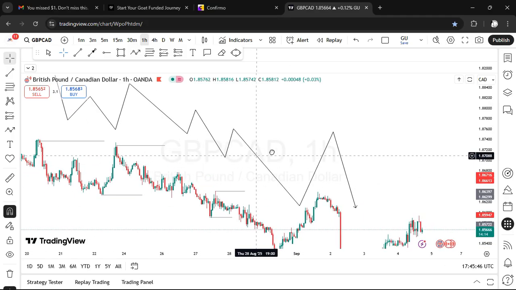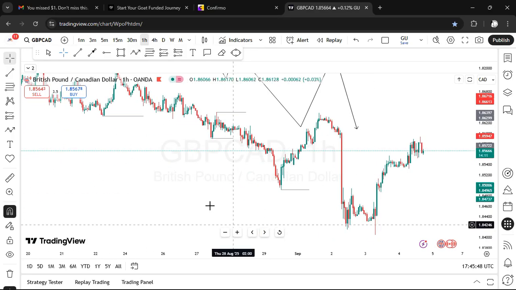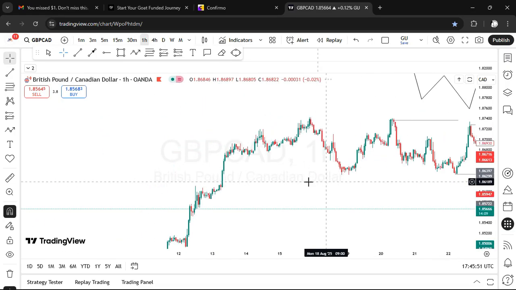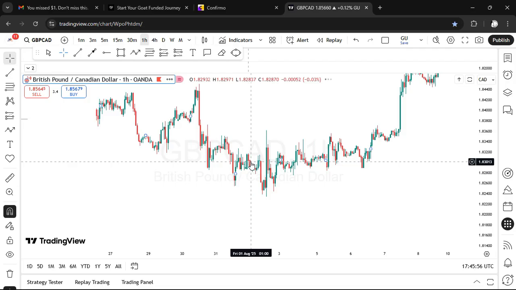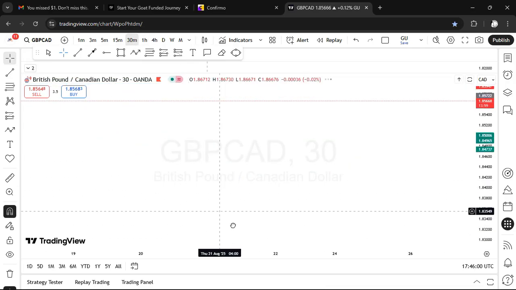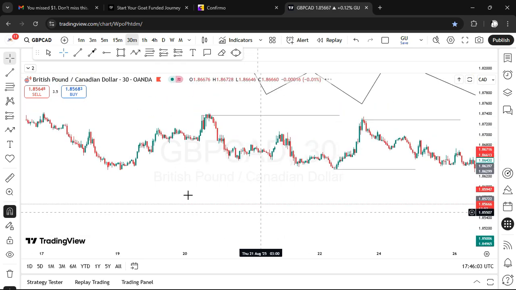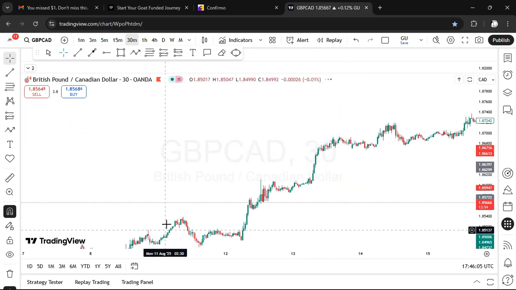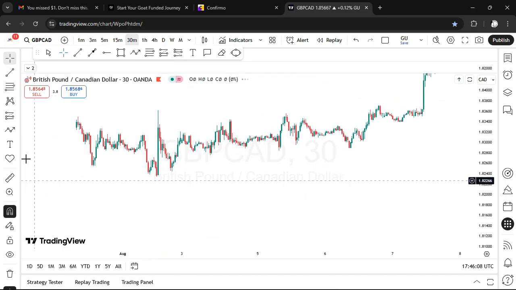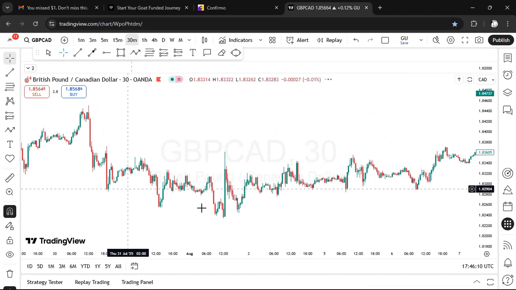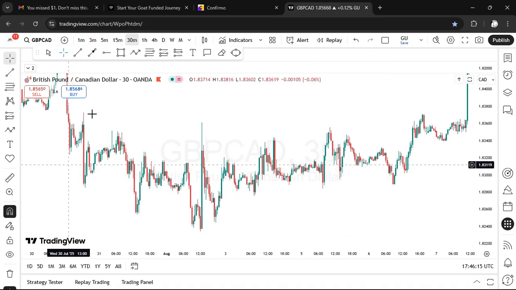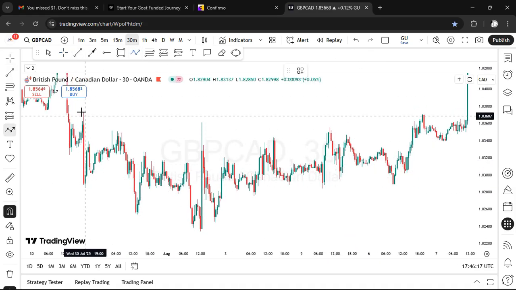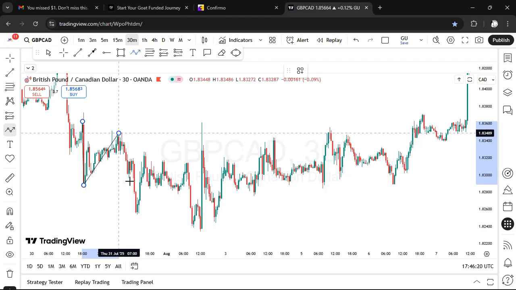So this is it for the trending market. Let's see if we can spot a ranging market. We said in a ranging market, you really cannot tell the direction of the market. Let's look at this very point, what the market was doing here. We had a movement down here, retraced.